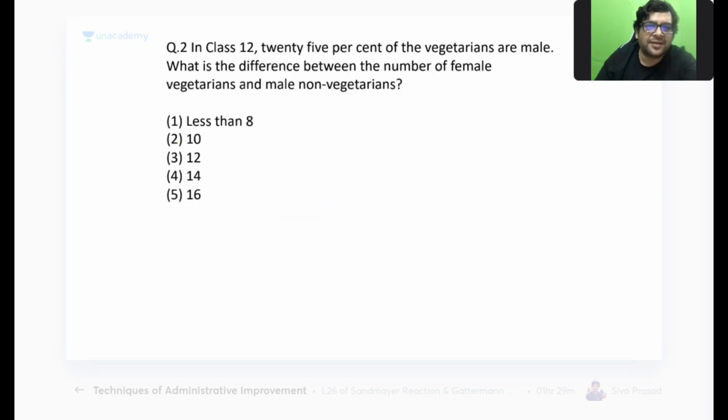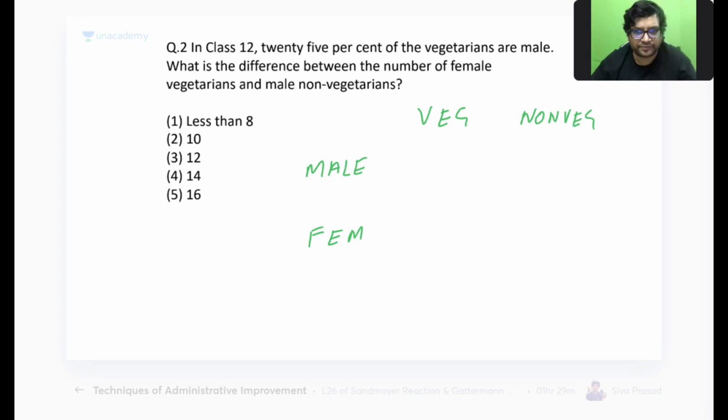In class 12, 25% of the vegetarians are males. Okay. So male, female, veg, non-veg. This is the grid that I will try to form.